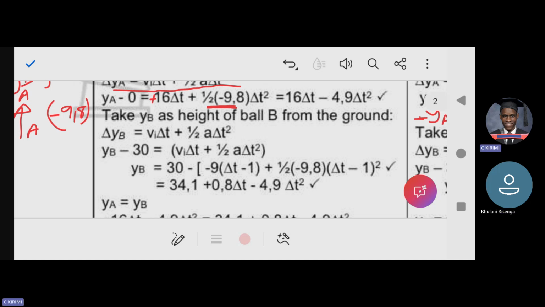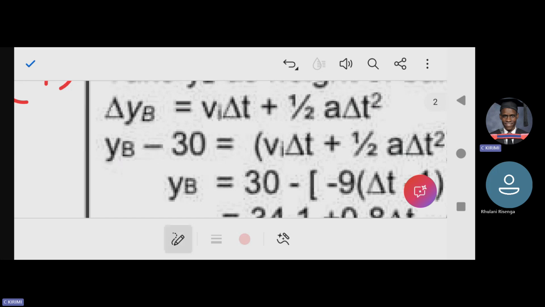Why are we referring to yb as the final, and to this as the initial y? So this is the final y minus the initial y. Do you agree?